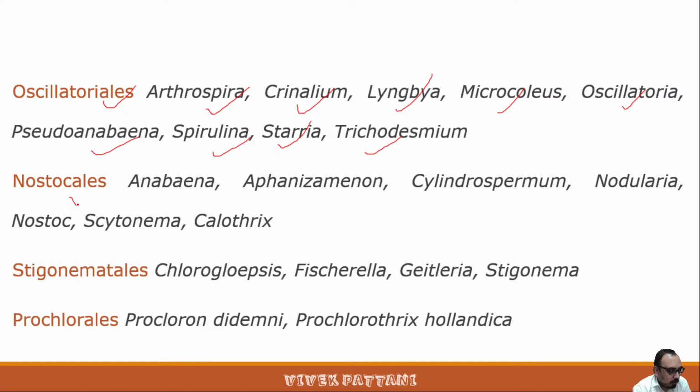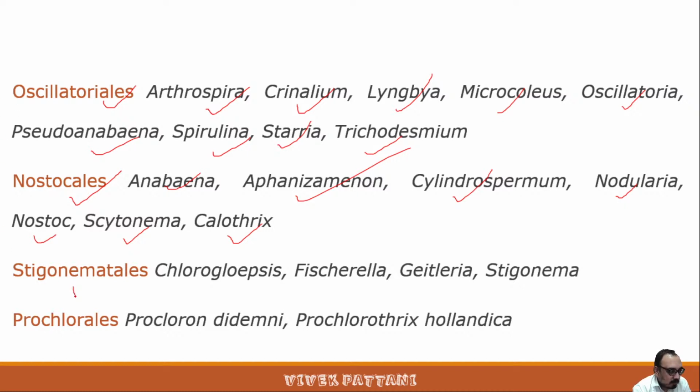The next one is Nostocales, which includes Anabaena, Aphanizomenon, Cylindrospermum, Nodularia, Nostoc, Scytonema and Calothrix.